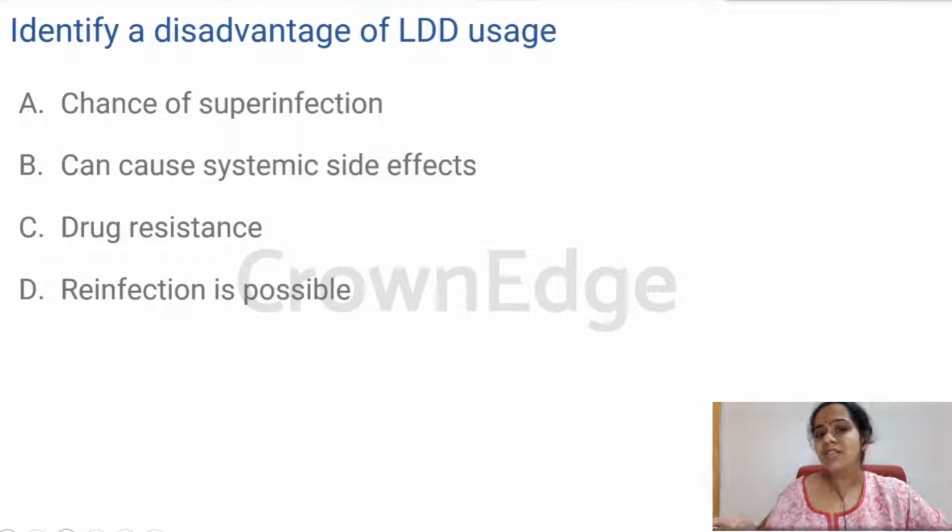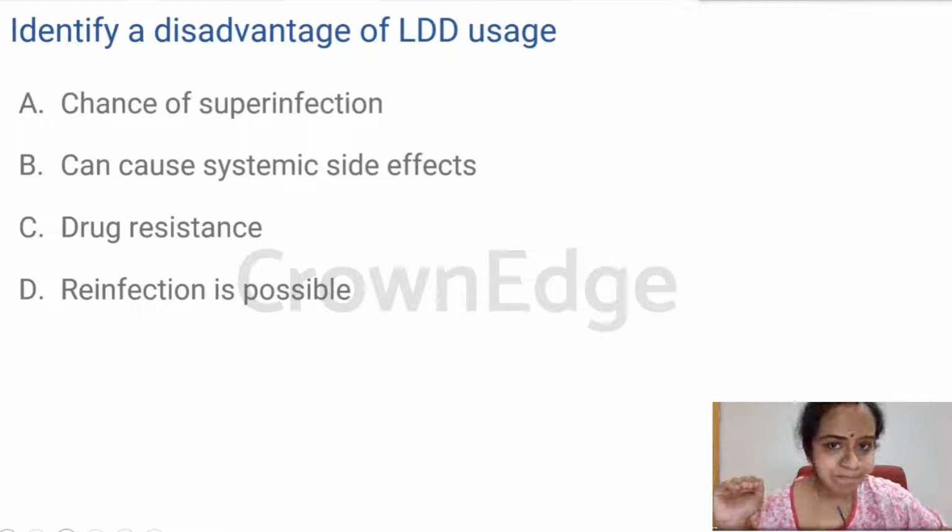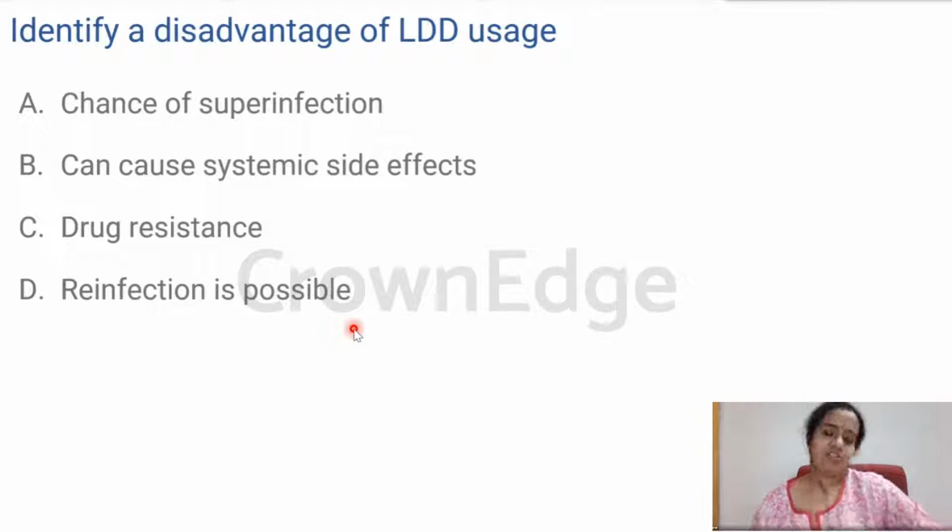That route is totally cancelled here. We are going through a smaller route. Drug resistance is also much less when we compare a systemic drug to the local drug. So the correct answer for this is reinfection. Obviously the drug will give you an effect when you're using it, but potentially the pocket can get reinfected.